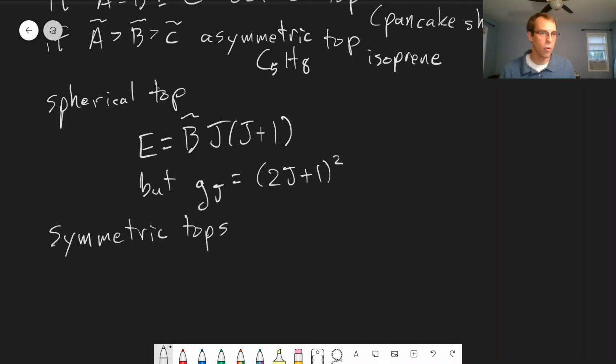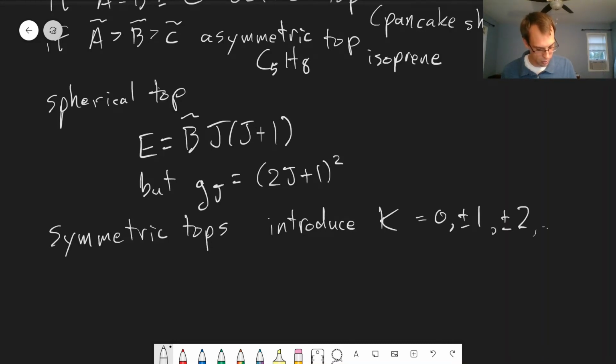All right, for symmetric tops, which are either prolate or oblate tops, we introduce a new quantum number K, which is the angular momentum along the unique axis. So it's kind of like m sub l, but not the same. K can go from 0 to plus or minus 1 to plus or minus 2 up to plus or minus J. And we get slightly different equations for prolate and oblate tops.